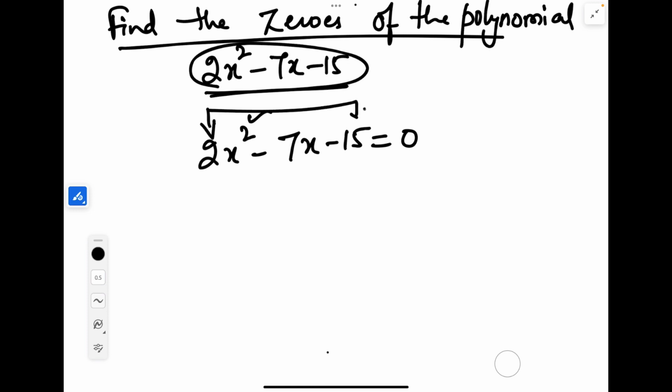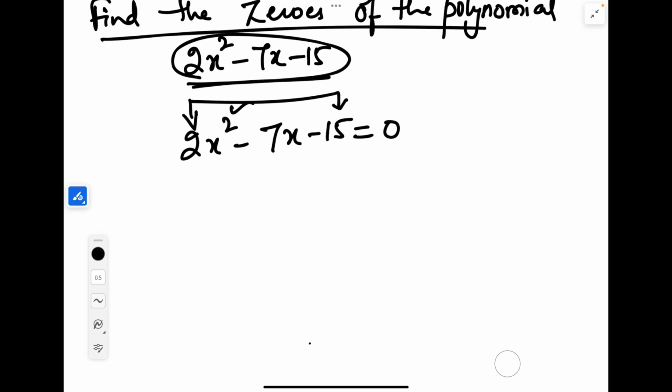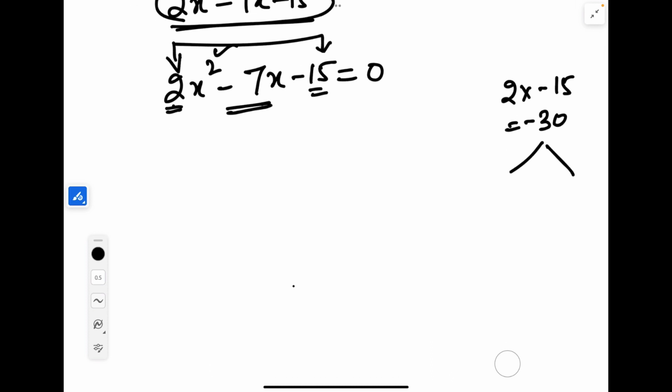So splitting the middle term, we will do it. So here first the coefficient of x square, multiply it with the constant which is minus 15. 2 times minus 15 is minus 30. Now take out the factors of minus 30 in such a way that when you add the two factors, you should get the middle term coefficient which is minus 7.